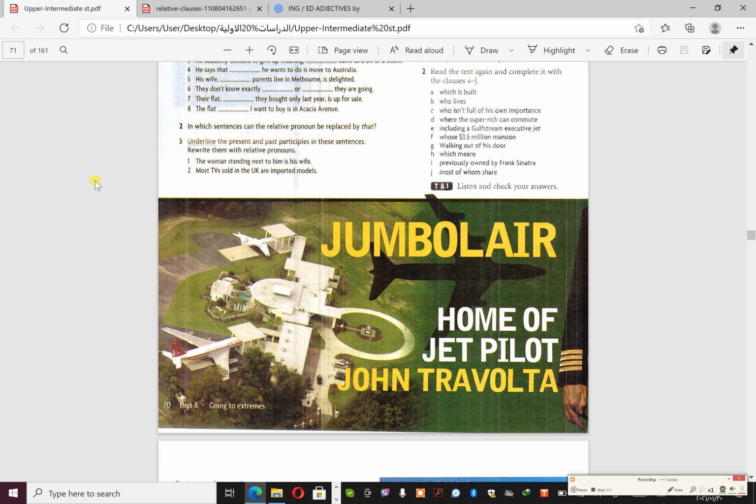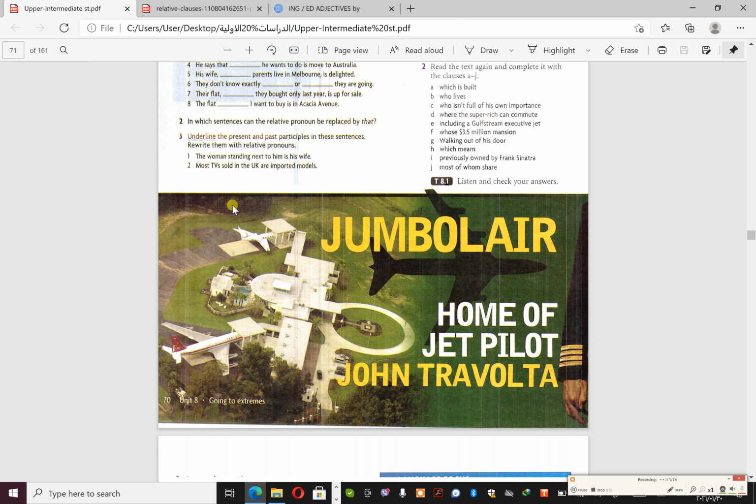Basically this sentence means "the woman who stands next to him is his wife." بس احنا حتى نختصر, because in academic writing we love to write briefly, but the meaning should be clear. While here it is the same thing. So I either use ing, or if we have a passive voice إذا كان عندنا مبني المجهول فراح نستخدم ed.